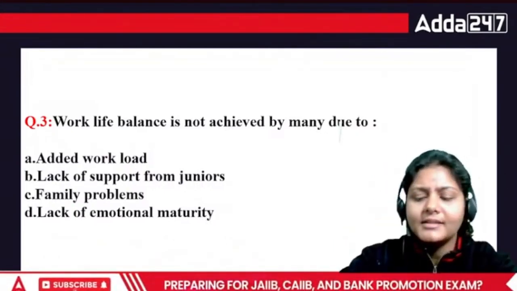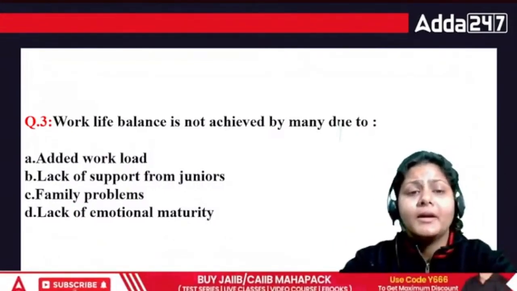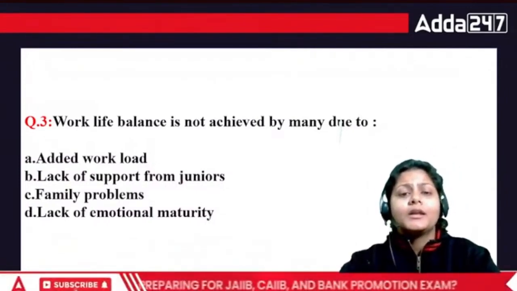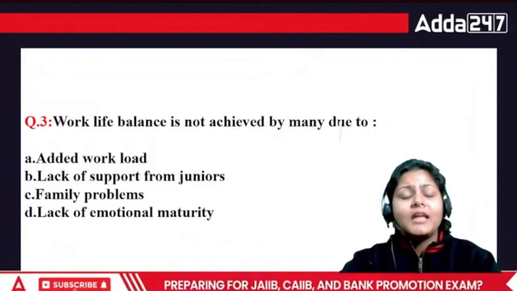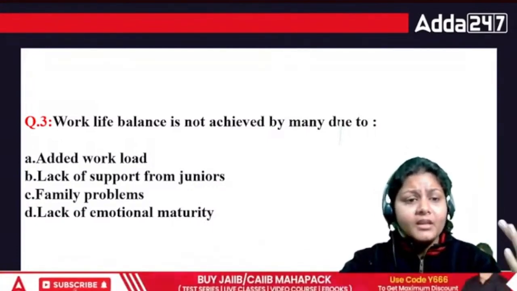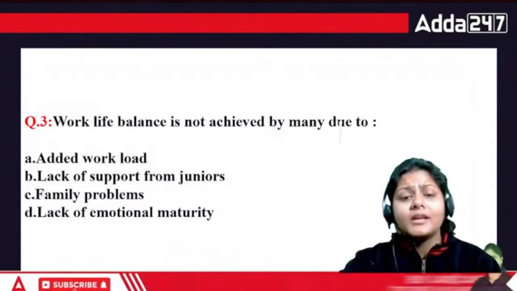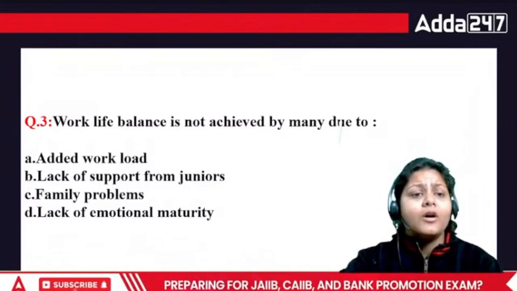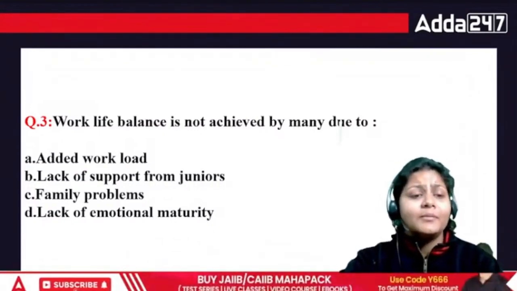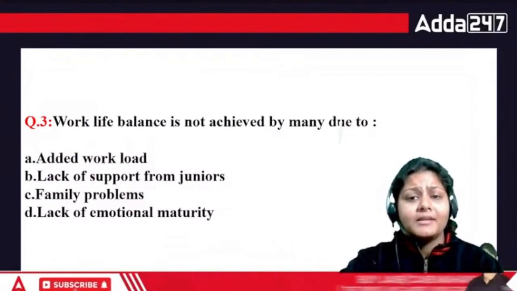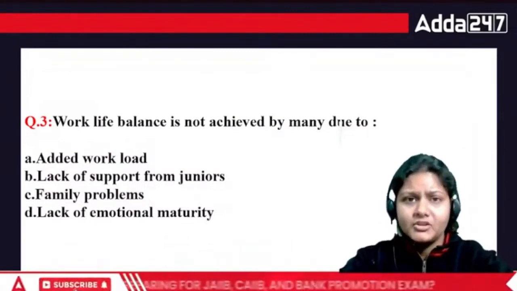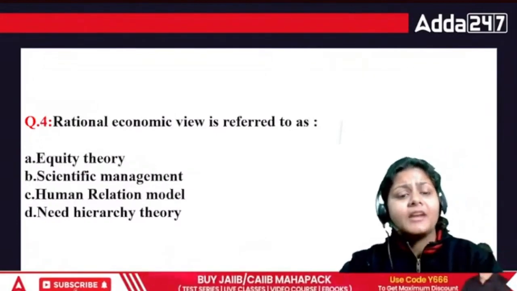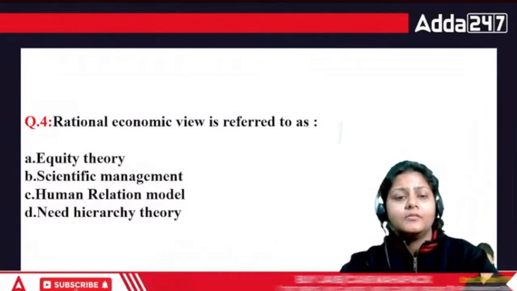The right answer here is D, lack of emotional maturity, because you are not able to maintain the work life balance, and at that time we feel stress, because we are not able to manage it. So the answer here is D.